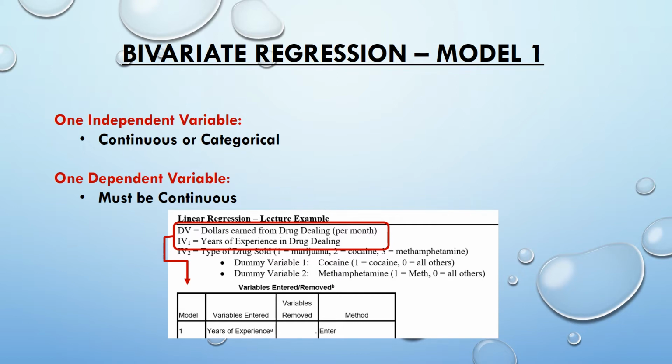If you look at what our DV is, circled in red there, dollars earned from drug dealing per month, that is at that interval or ratio level of measurement. So in this bivariate regression example, both our independent as well as our dependent variable are continuous. When we get to model 2, we'll add in a categorical variable with those dummy variables that we talked about a little bit earlier. Let's go ahead and move on to the next slide.